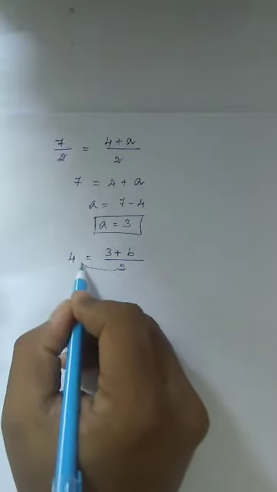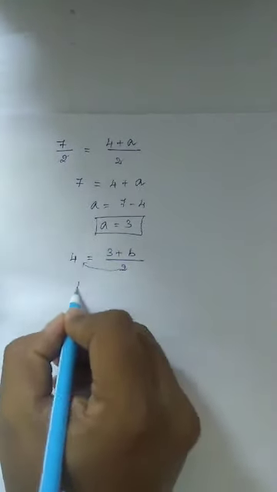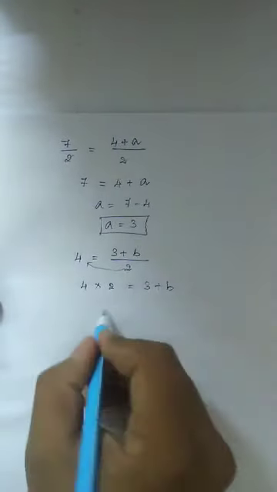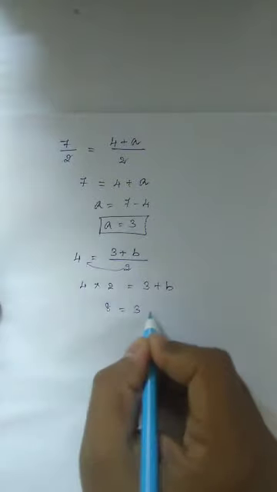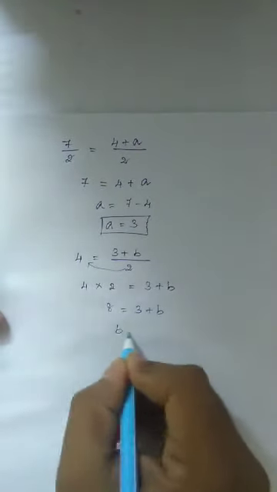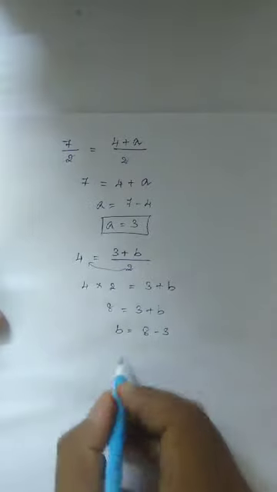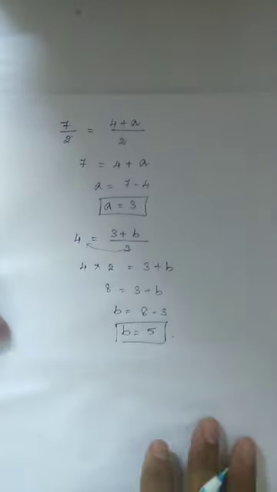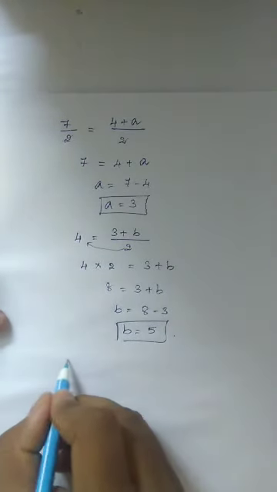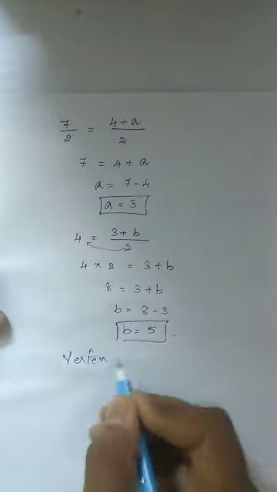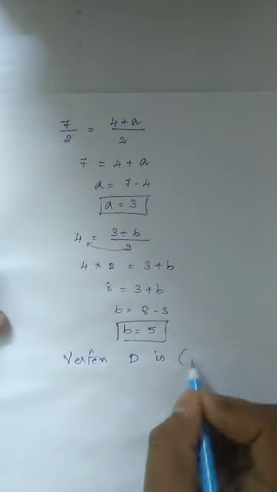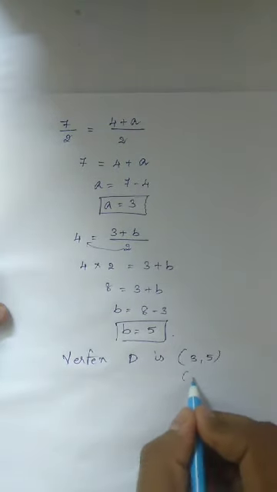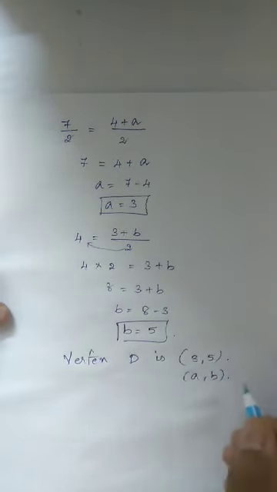Cross multiplying, 4 times 2 equals 3 plus B, so 8 equals 3 plus B. So B equals 8 minus 3, B equals 5. So we got vertex D. Vertex D is 3 comma 5, because we wrote it as A comma B. Thank you.